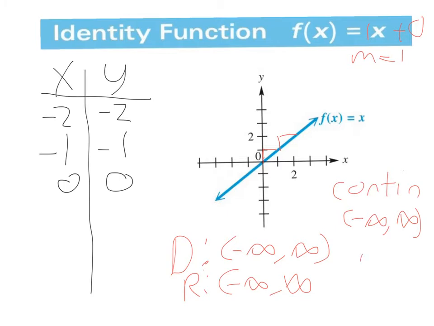And to figure out where it's increasing, you notice as the x values increase, the y values are also increasing. So it's increasing from negative infinity to positive infinity as well.